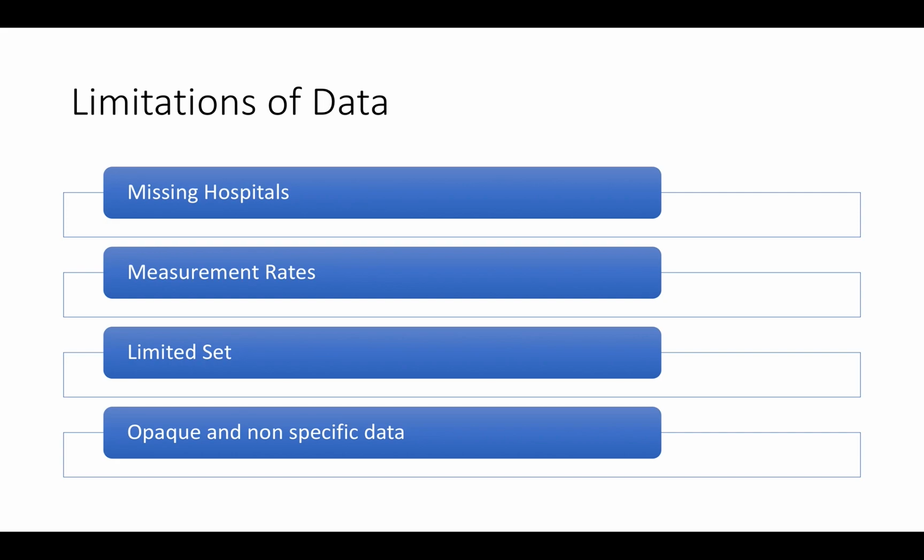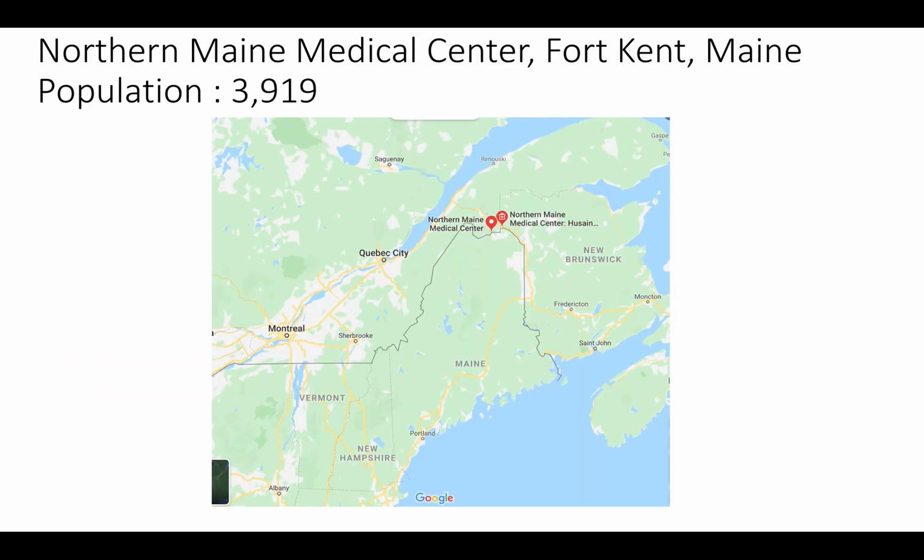So we're not given too much information about how these measures are recorded, how they're obtained, what they mean in a very thorough way. And they're non-specific, so that we don't know what the patient mix looks like. We don't know, for example, in surgery, exactly what kind of surgeries are represented, and so that might influence the data in ways that we don't really know about.